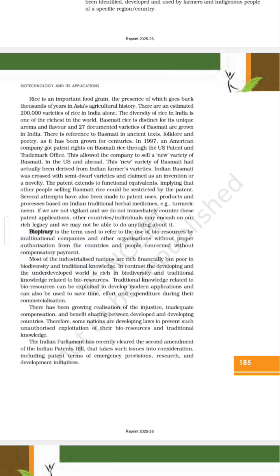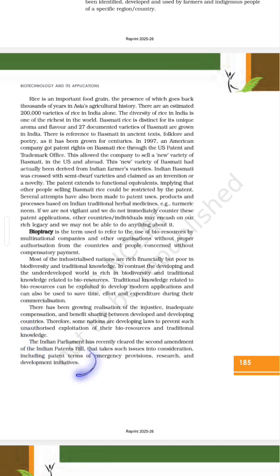Most of the industrialized nations are rich financially but poor in biodiversity and traditional knowledge. In contrast, the developing and underdeveloped world is rich in biodiversity and traditional knowledge related to bioresources. This much is okay.